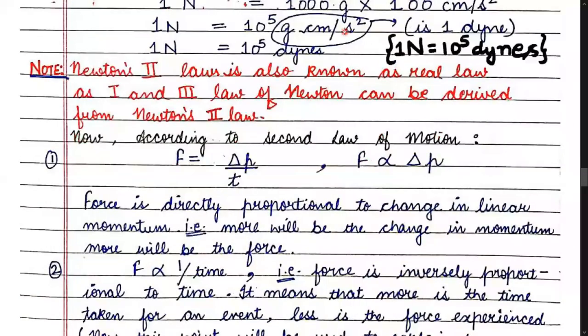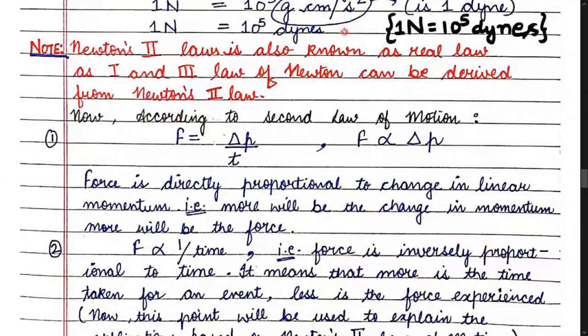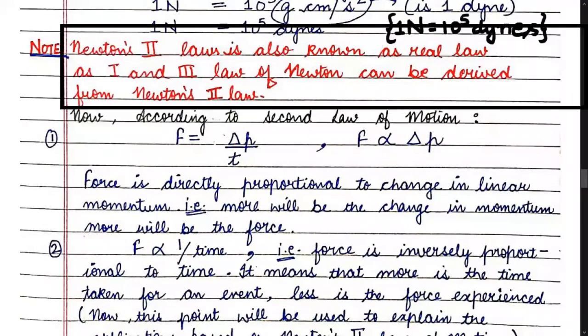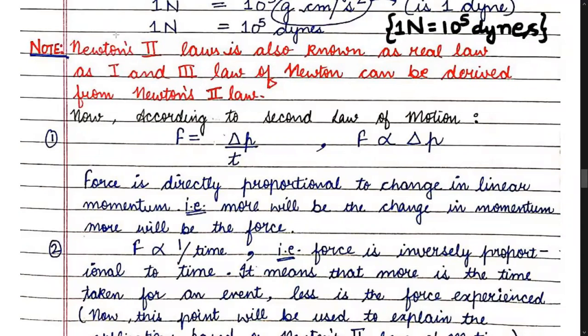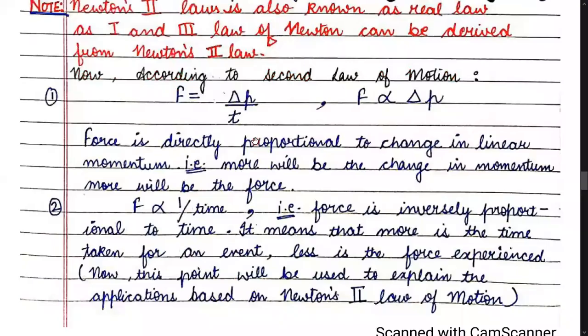So now students, Newton's second law is known as the real law, as the first and second law can be derived from this law only. So which is the real law of motion? Newton's second law is termed as the real law of motion. Am I clear, children?